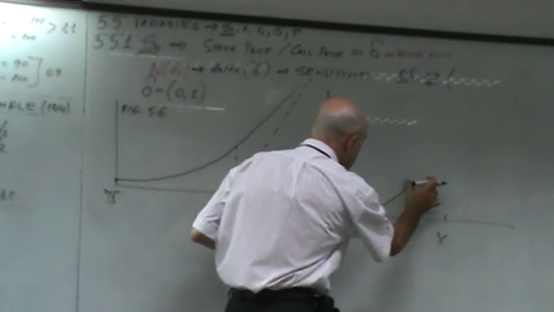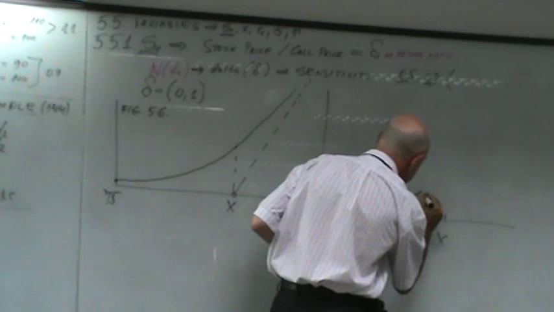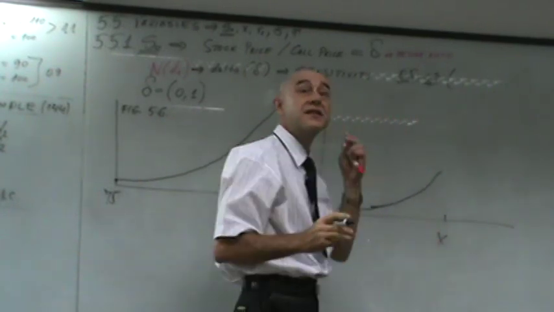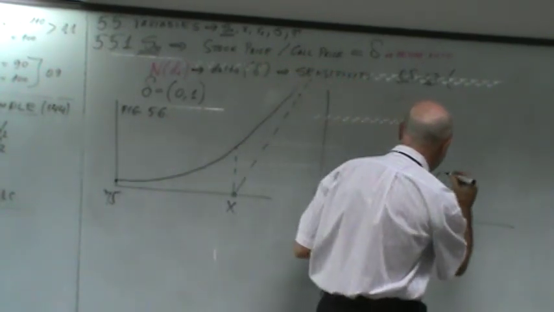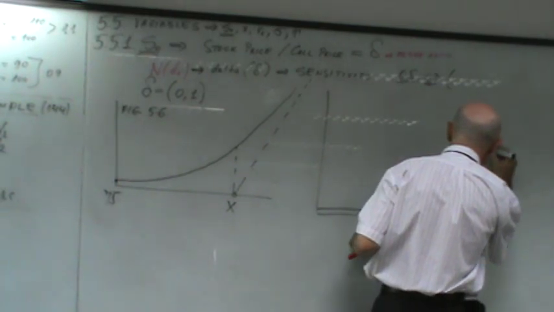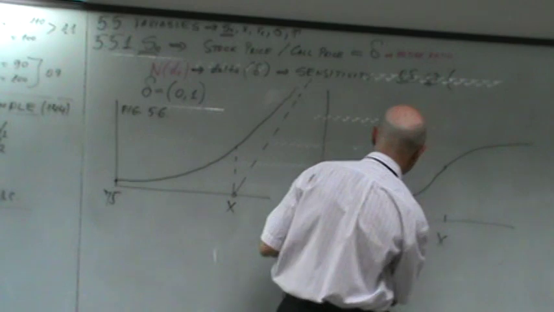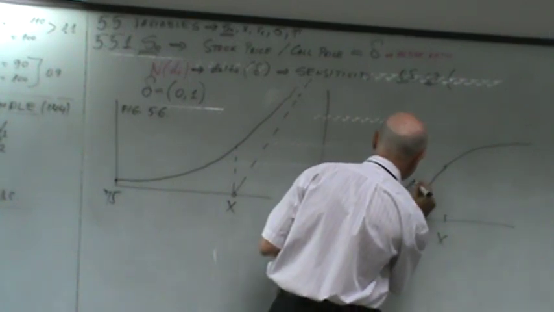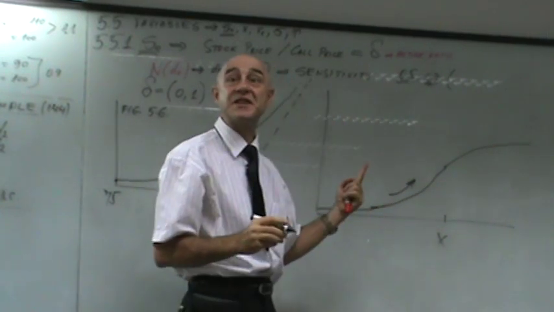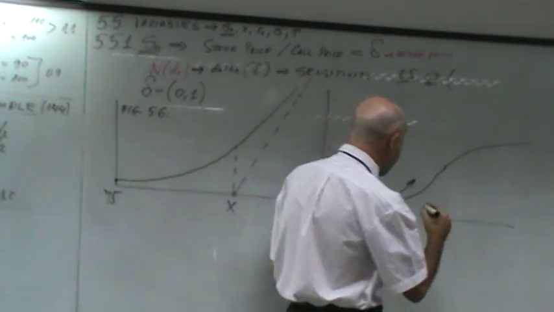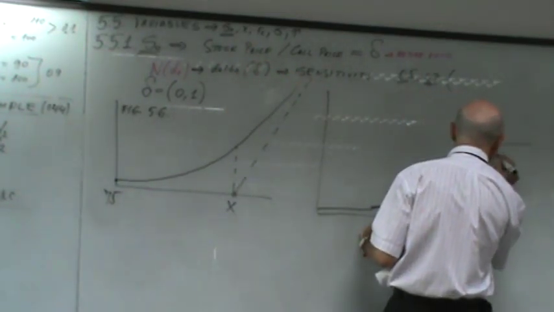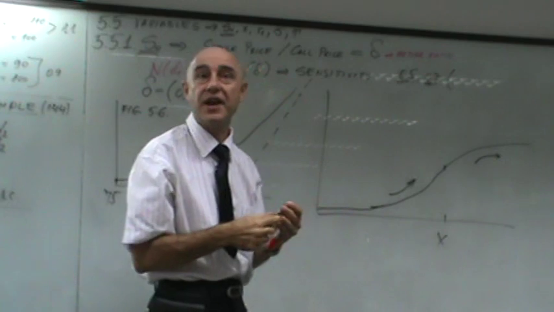It will begin to steepen around X. And around X, we're going to have an inflection point. So here the curvature is on the upside, and after X, the curvature is on the downside.